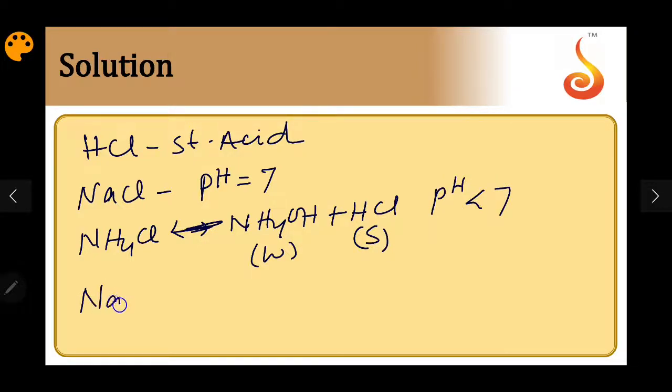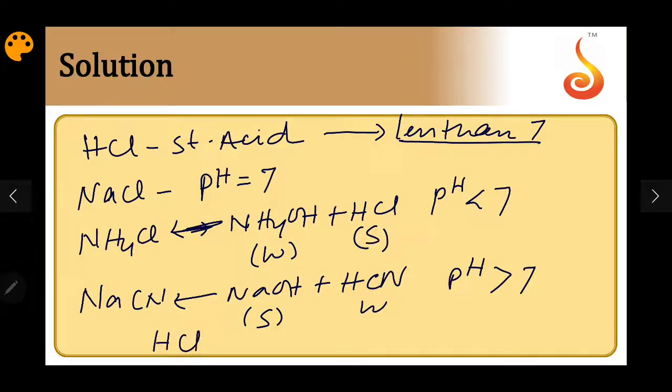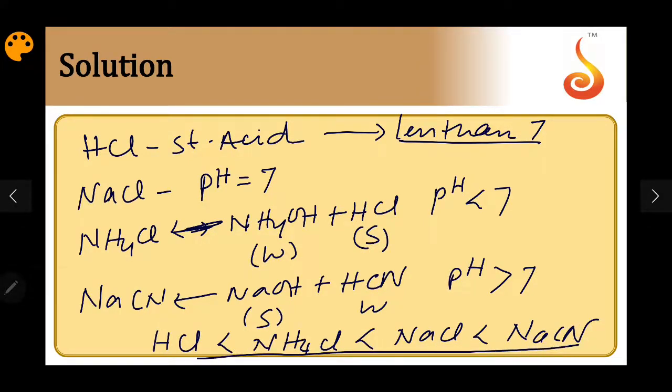And NaCN is coming from NaOH plus HCN. This is weak, this is strong, so pH will be greater than 7. HCl is much less than 7, so this is the least. So HCl should be the least. Then ammonium chloride. Then NaCl, which is neutral. Then NaCN. This is the order of pH.